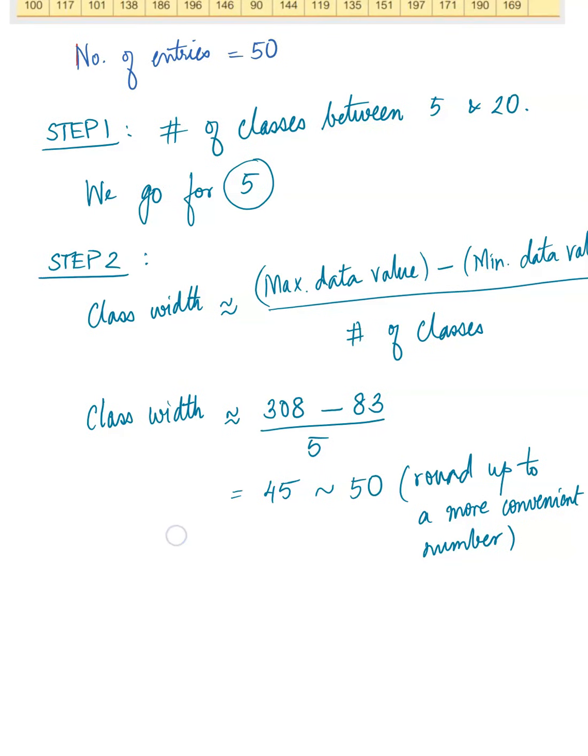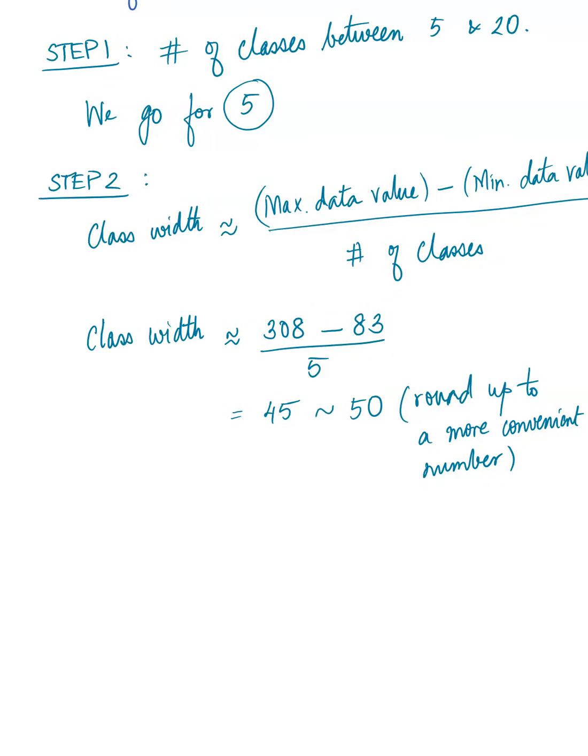So 45 looks fine, but what it means is you're going to divide or break your classes, the widths, by 45, and that can get really awkward, 45 plus 45 plus 45. Instead of that, if you did 50 plus 50 plus 50, it's a little more intuitive. That was the reason for rounding it up to 50. So then we go to step 3.